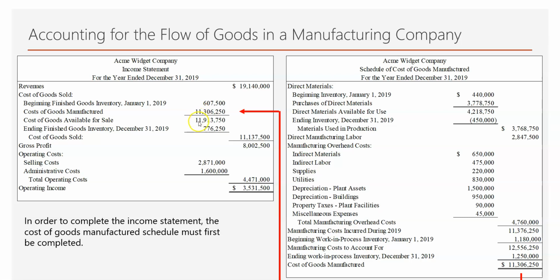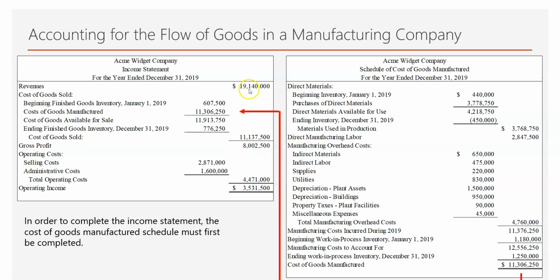to get my cost of goods available for sale. Subtract out my ending finished goods inventory, whatever I have. I've gone through and counted, and I've got $776,250 worth of ending inventory in finished goods. So therefore, out of the $11,913 I had available for sale, I only have $776,250 left. So I must have sold $11,137,500.